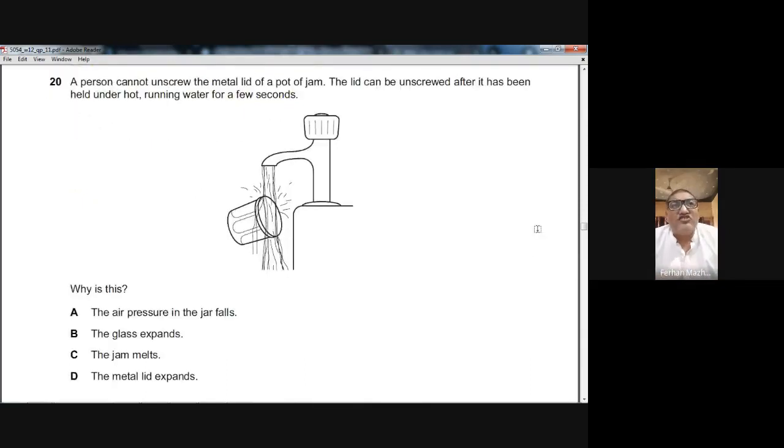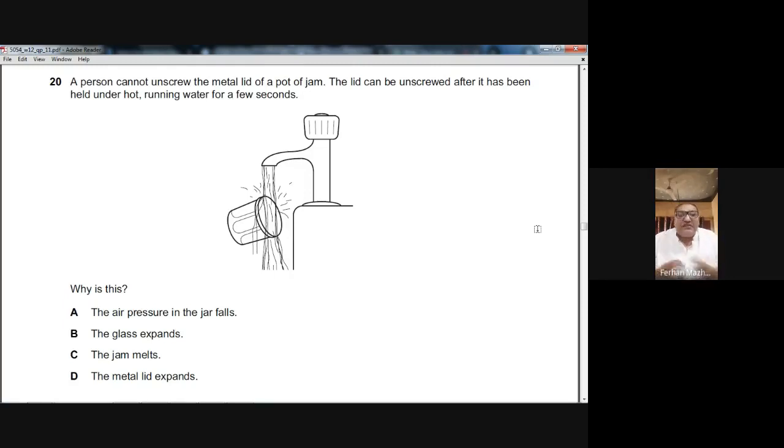A person cannot unscrew the metal lid of a pot of jam. The lid can be unscrewed after it has been held under hot running water for a few seconds. Why is this? When you pour hot water on the lid, which is made of metal, it will expand, and the metal will expand more as compared to the glass jar.